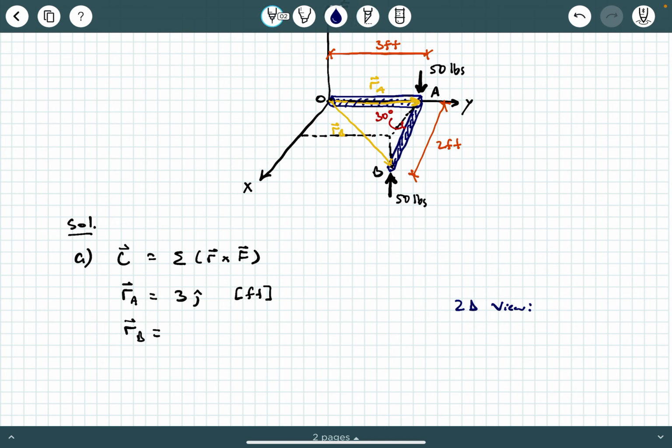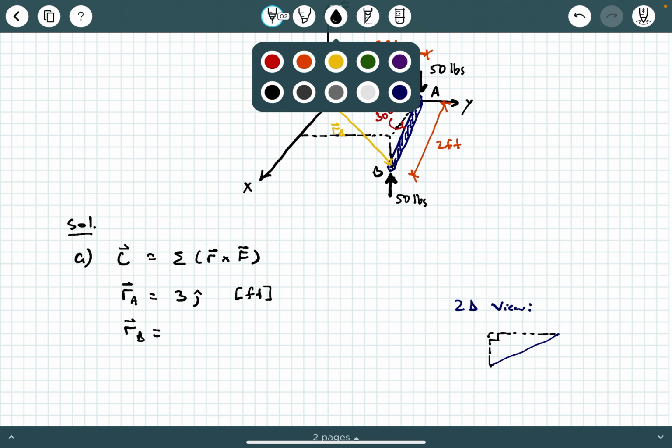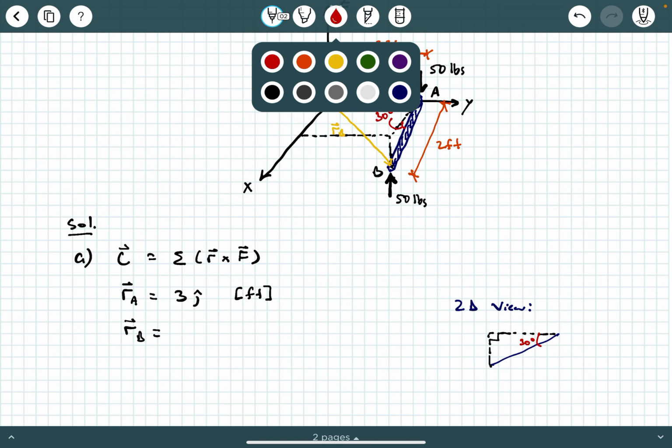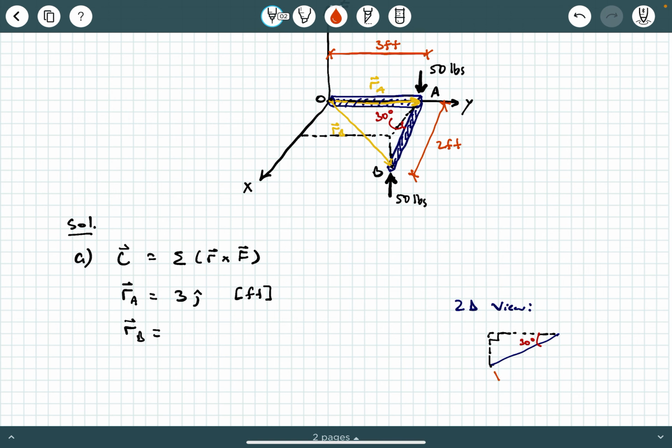So what will I see? Well, I'm going to see this pipe segment here, and then I'm going to see my help lines. I have these help lines here and here, okay? And that's a right angle. Where's that 30-degree angle? Well, that 30-degree angle is right here, 30 degrees. And I know that this is my 2-foot length of my pipe segment, okay?